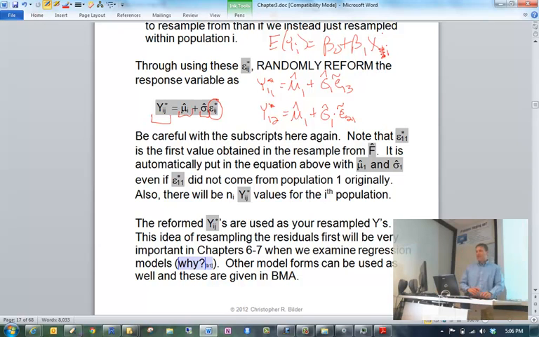So because of this, in chapters 6 and 7 we're going to work with some form of residuals, make some modifications to them so they have approximately the same distribution, and then take resamples from the residuals, and use those to reform our y's.